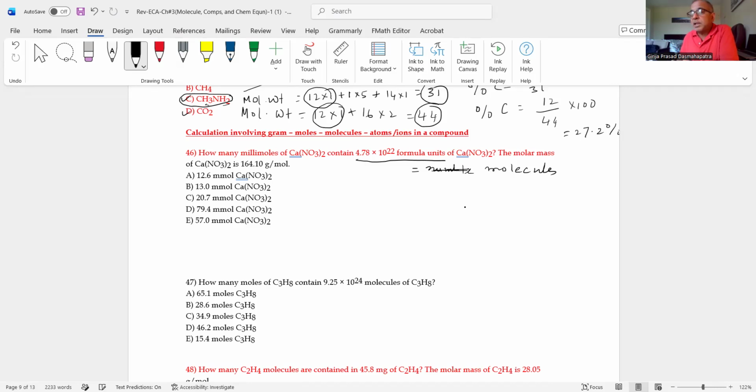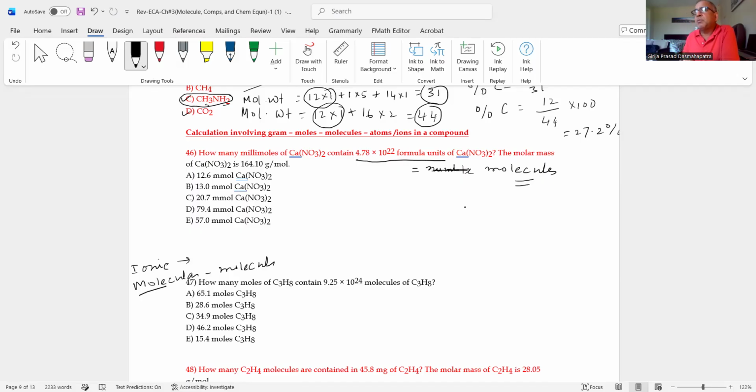As I already discussed in the previous videos, compounds are of two types. They are ionic and molecular. So in case of a molecular compound, molecules are fine. But in case of an ionic compound, sometimes there is a possibility the ionic compound dissociates into cations and anions once dissolved in water.